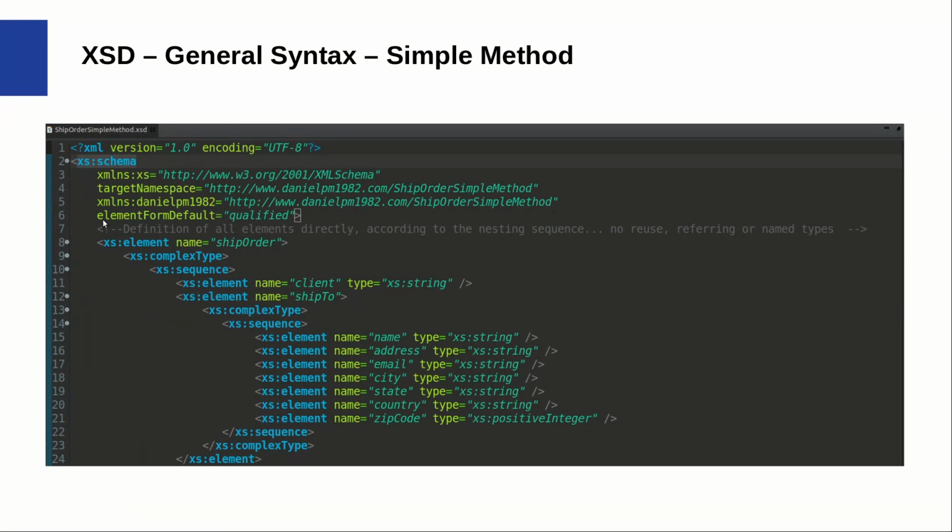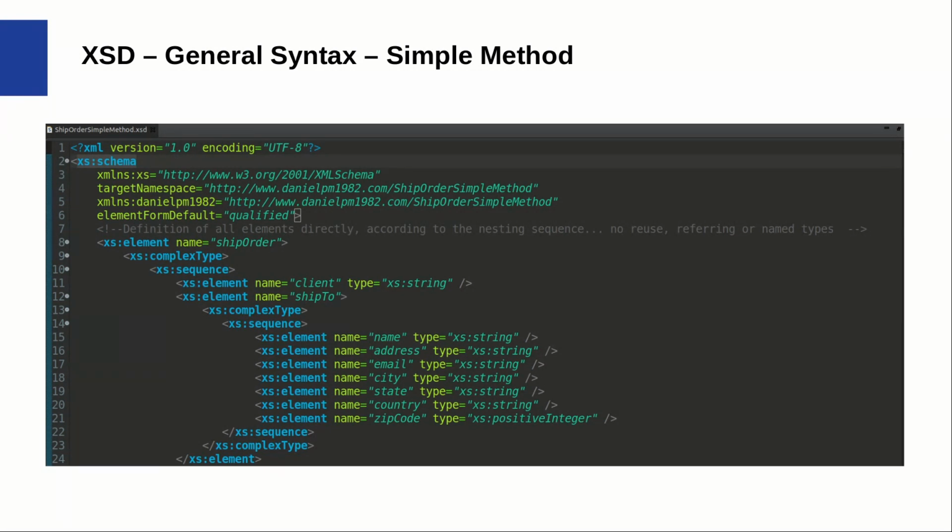And right down here you have the elementFormDefault attribute set as qualified, meaning that any XML instance that refers to this XSD document must use prefixes and namespaces when referring to any element or attribute or type defined in this document.